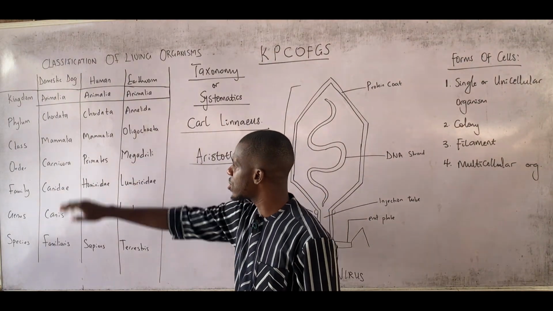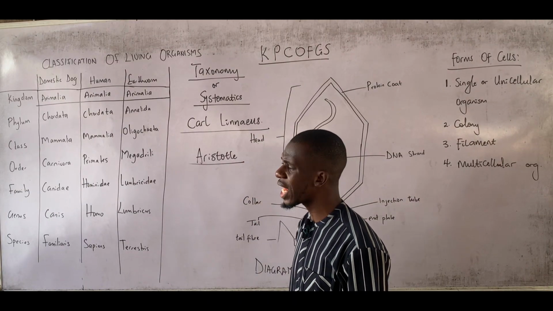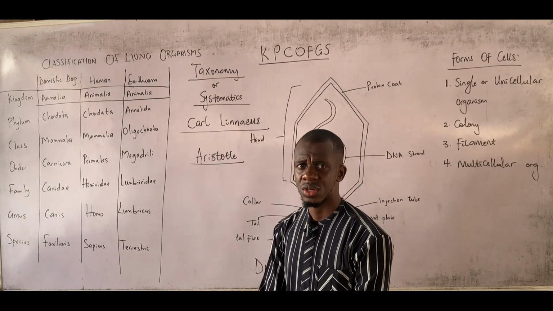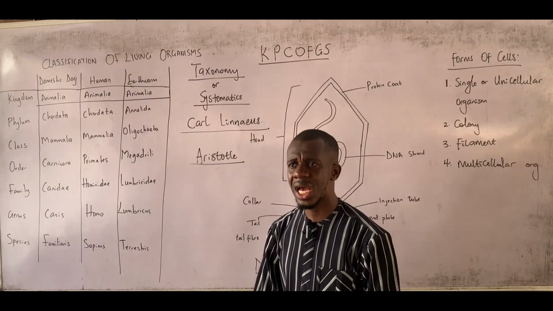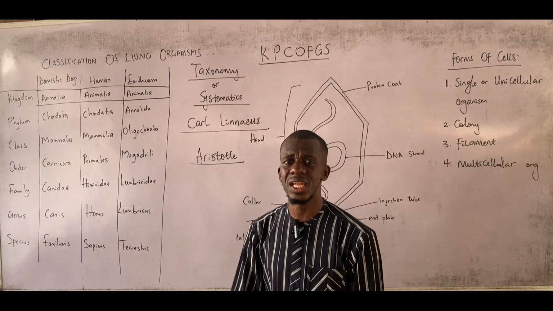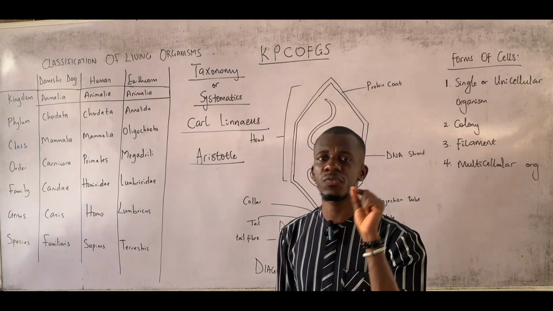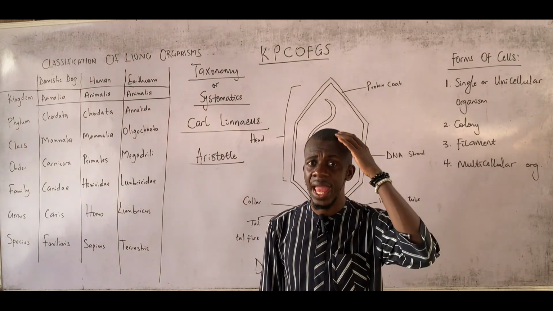In the class category, the domestic dog and humans belong to a class known as Mammalia, that is mammals. Okay. Now, who are mammals? Or what are the qualities or features that make an animal a mammal? Number one, which is the chiefest of all qualities, is the possession of hair.